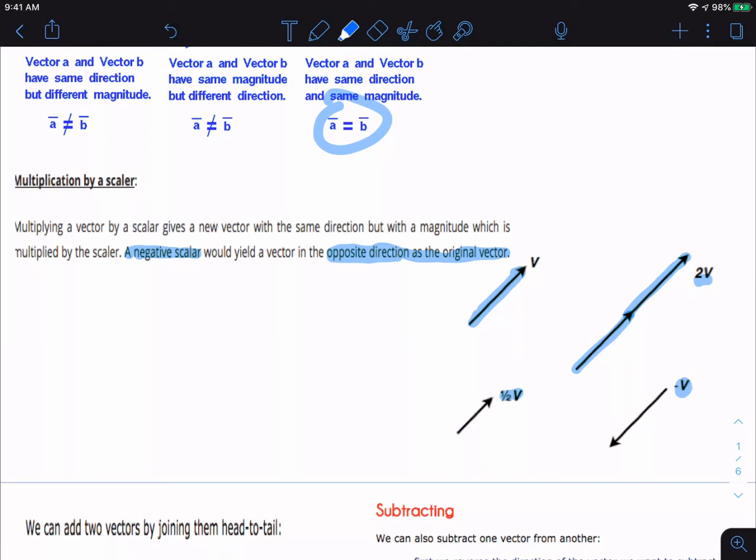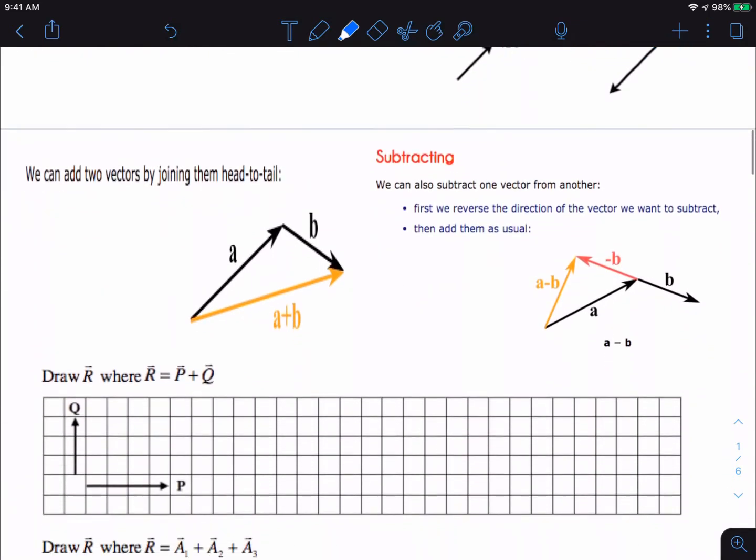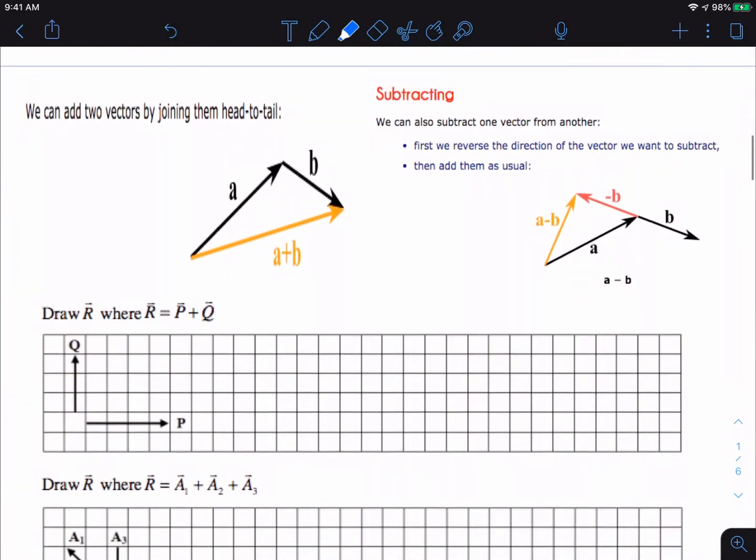Okay. Very cool. Now, when we're adding vectors, the way to do it is this whole head to tail piece. That's how we do it. That's critical that you guys get that. So we have these two original vectors, vector A and vector B, and they're in the magnitude and direction that they're going.